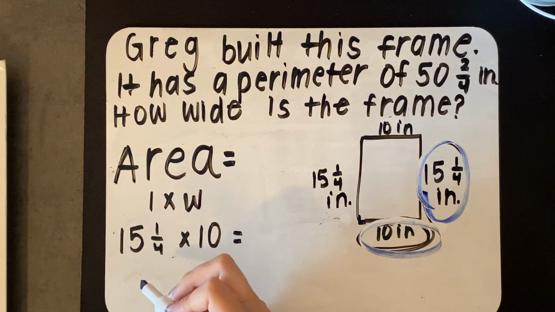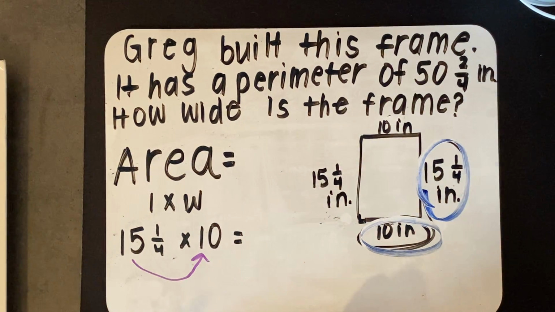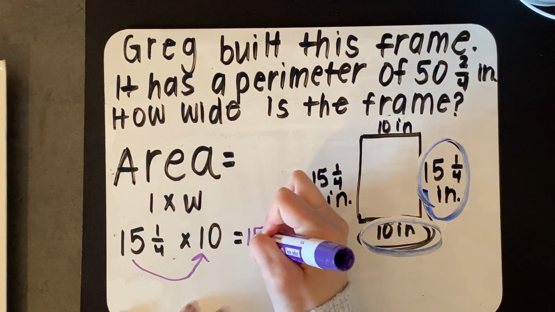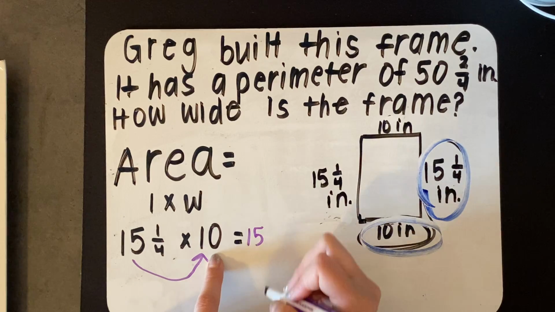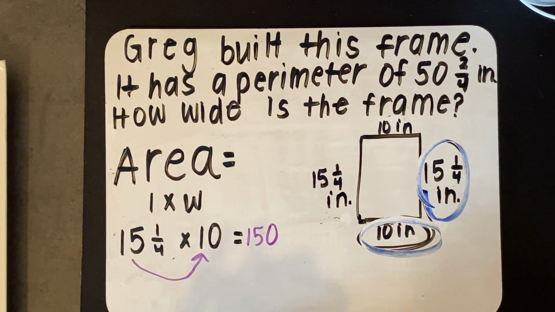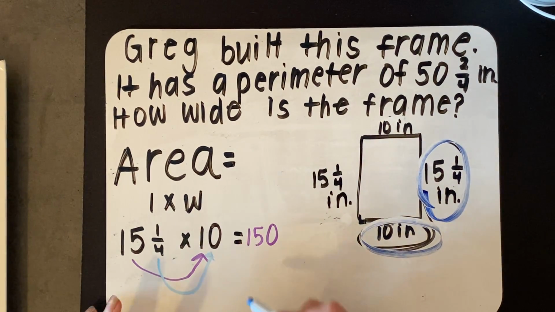So 15 times 10. Well, I know 15 times 1 is 15, and I'm going to bring back the 0 for 15 times 10, so 15 times 10 is 150. I also need to do 1/4 times 10. I can't just forget about the 1/4.